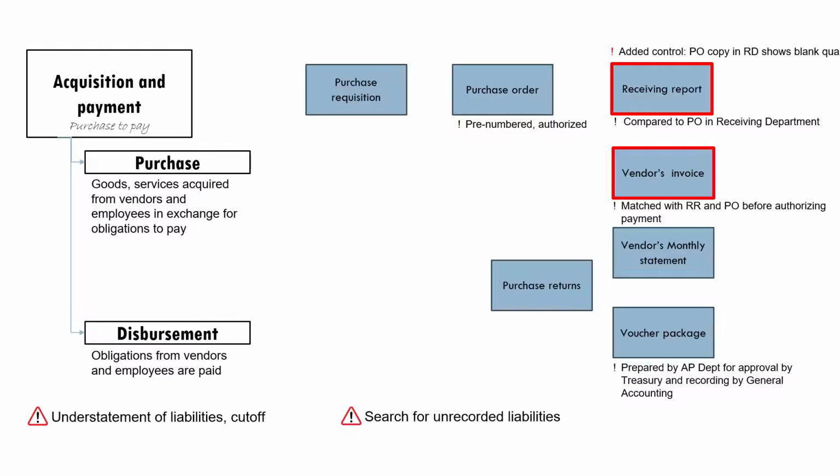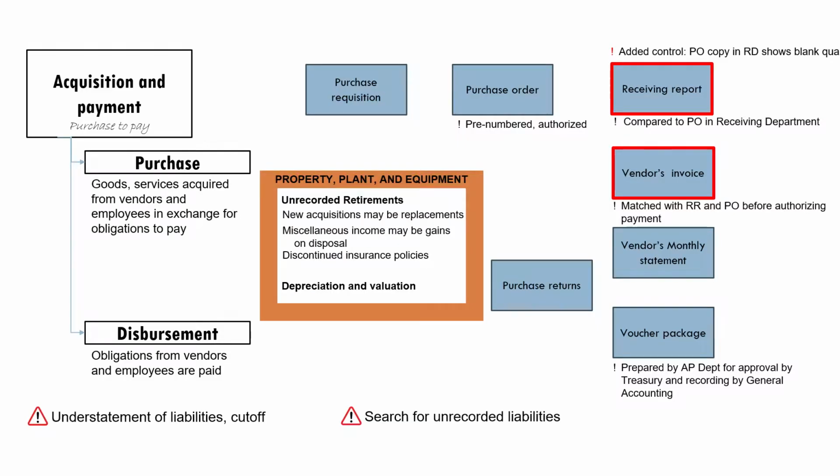Now, for some businesses, the purchase of property, plant, and equipment will also come into play here in this cycle. In the case of property, plant, and equipment, the auditor is actually on the lookout for possible unrecorded retirements, knowing that if a business fails to de-recognize items of PPE, meaning to say the item is no longer there, it has been disposed, it has been sold, but the accountant forgot to remove it from the books of accounts, then this will definitely mean that the asset accounts will be overstated.